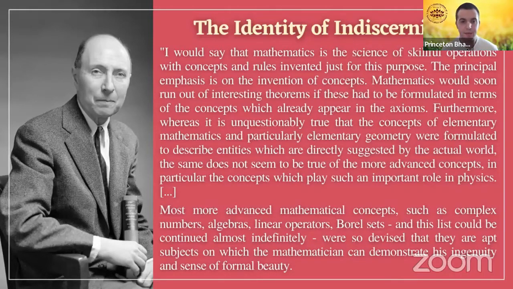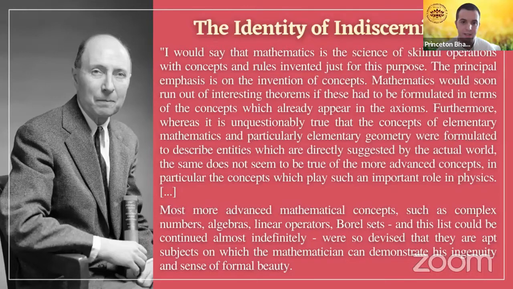Chapter 3. So Eugene Wigner says: I would say that mathematics is the science of skillful operations with concepts and rules invented just for this purpose. The principal emphasis is on the invention of concepts. Mathematics would soon run out of interesting theorems if these had to be formulated in terms of the concepts which already appear in the axioms.